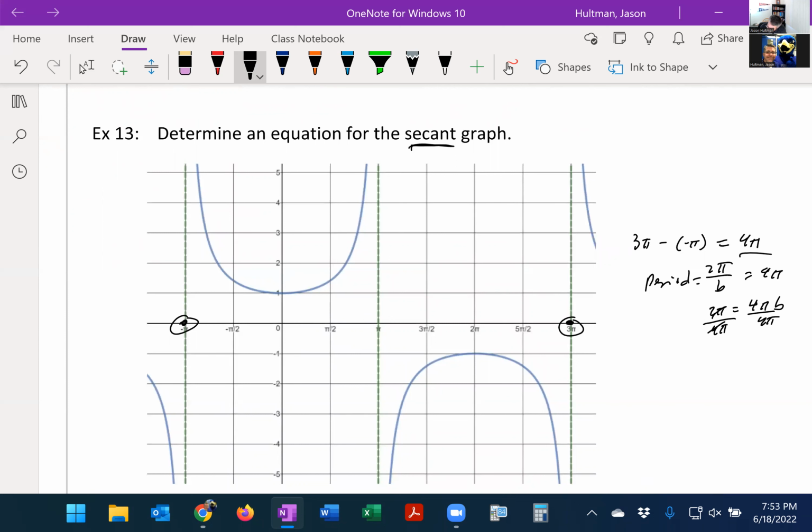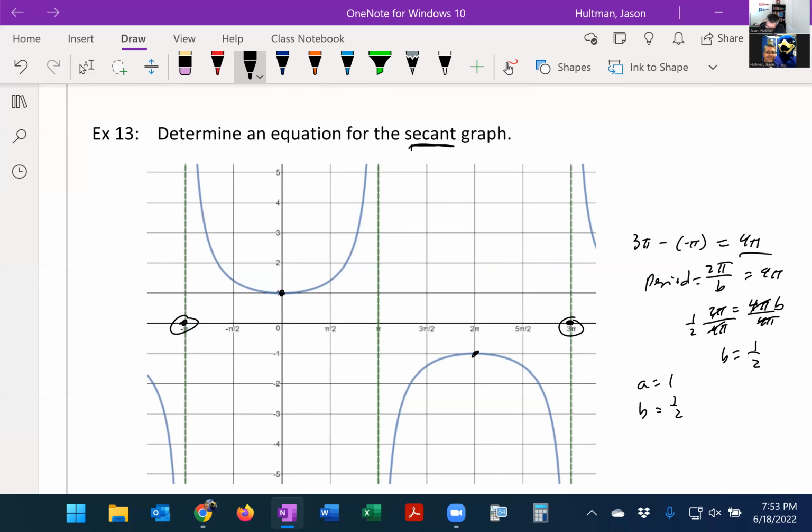So b would have had to be 2 over 4, which is 1/2. That means the period is twice as long here. And then it's at 1 and -1 still, so A didn't change. A is still 1, and B is 1/2.